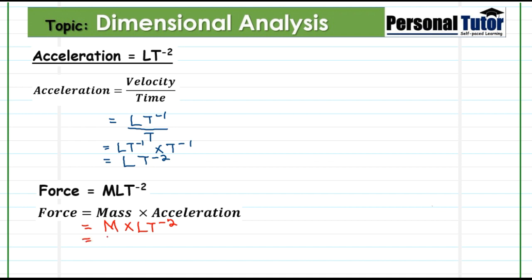When multiplied, you will have MLT exponent negative 2. And please, we are laying a solid foundation for deeper understanding of this topic. So you have to really follow, understand how each of the dimensional equations was proven, and learn to keep this in your memory as well.